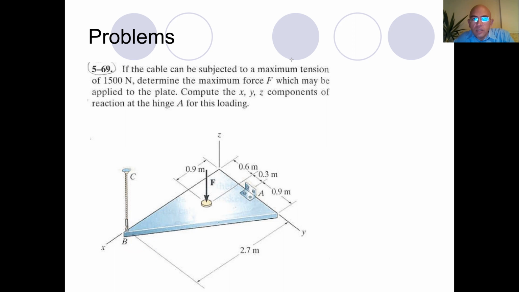Now let's look at the hinge and isolate the hinge first. Okay, so this is the hinge and let's isolate it. So let's look how it restricts the motion of the plate. First of all, this plate cannot move in y direction at point A because the hinge restricts it.